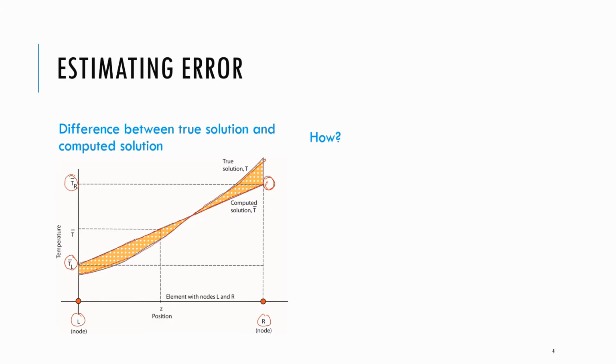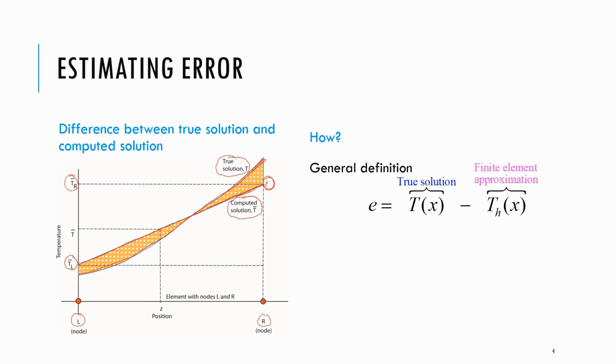So this one is my computed solution, and this one is my true solution. So error is defined as the difference between the true solution and the finite element approximation. So what I am hatching here are the errors. So it's the difference between the two.